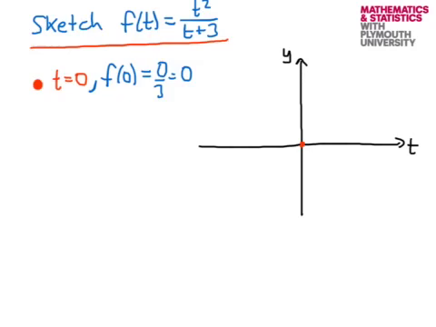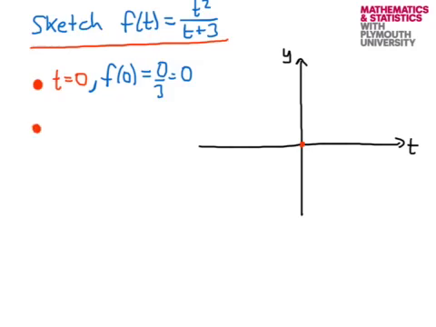We can look at our rational function and we realise that if t is equal to minus 3, we would be dividing by 0. If t is equal to minus 3, the numerator is 9, we would have 9 divided by 0. So we conclude that this function does not exist when t is equal to minus 3.